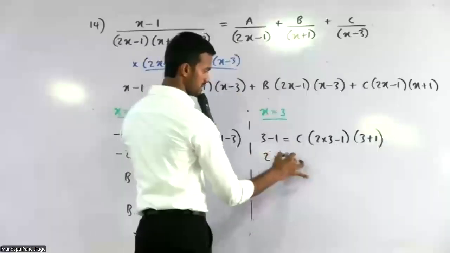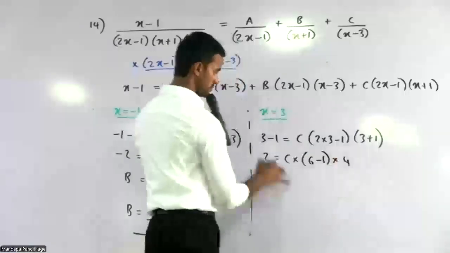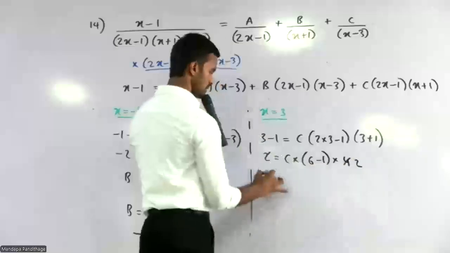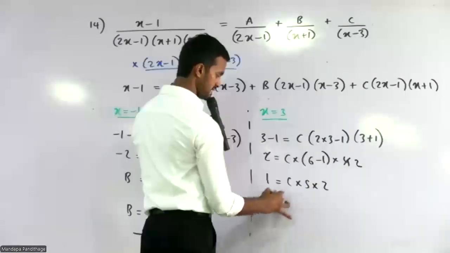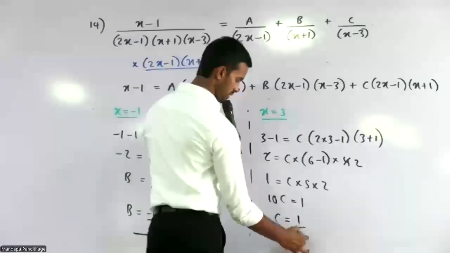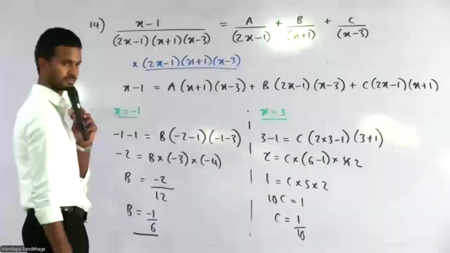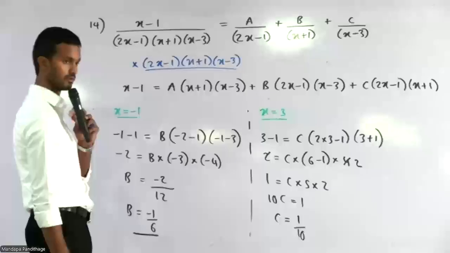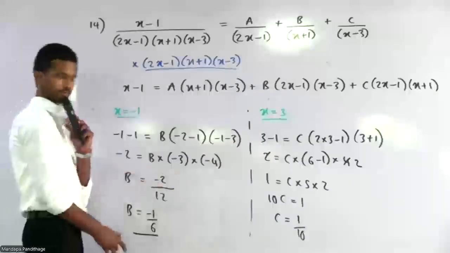So it's 2 is equal to C into (6 minus 1) into 4. You can simplify, it's 2 is equal to C into 5 into 2. So I'm getting 10C is equal to 1, C is equal to 1 over 10. Got this? Minus 1 over 6, 1 over 10. Hands up who got these two values, minus 1 over 6 and 1 over 10.